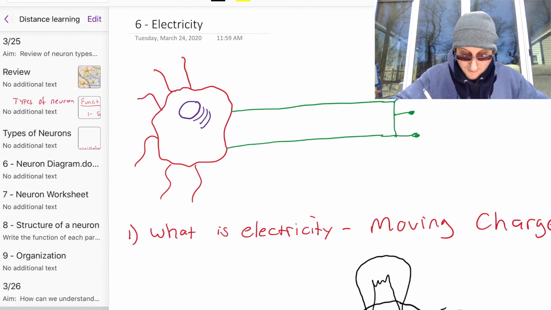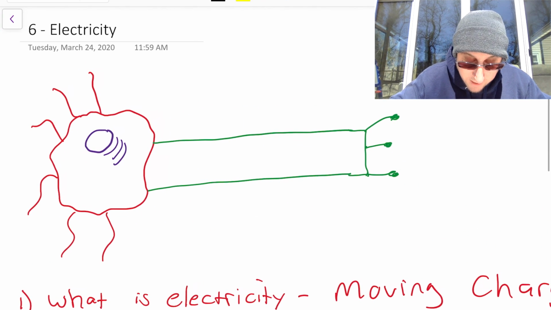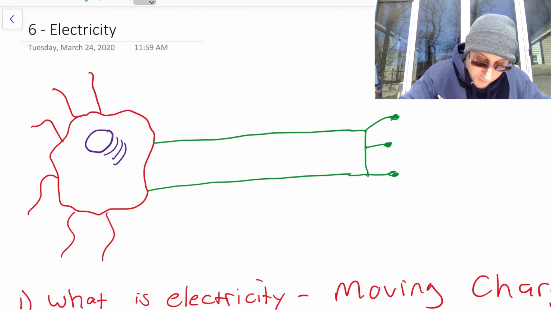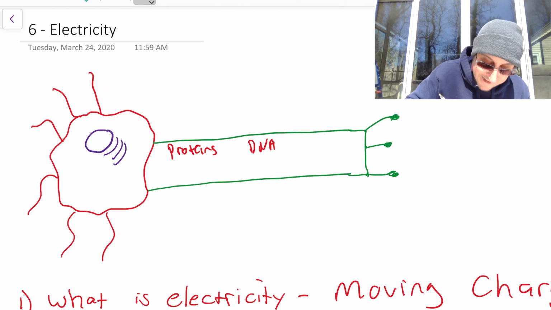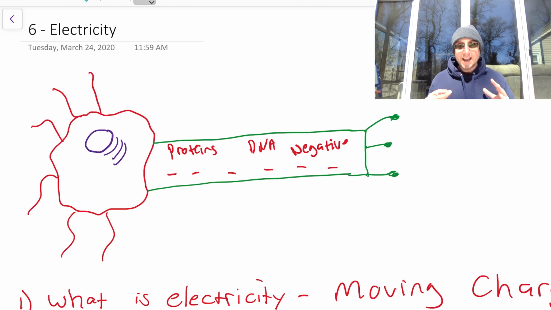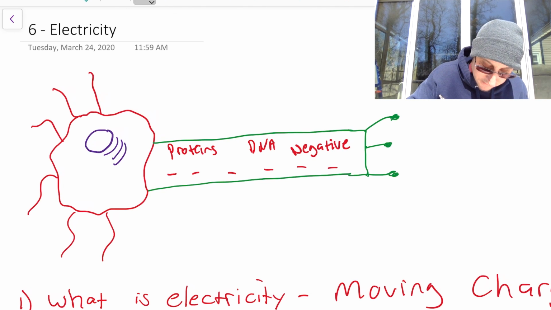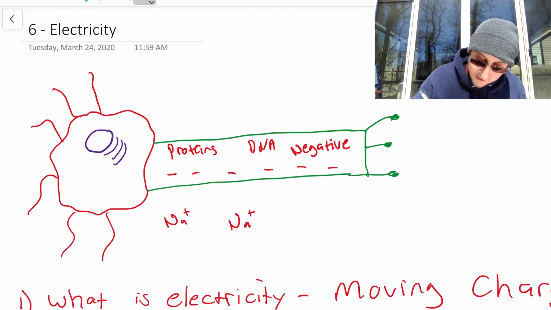So if we look at this neuron over here, we can say it has inside, it has proteins in there, right? It has DNA in there. And because of that, it is negatively charged. It is negative. And on the outside, we have like sodium and calcium and all sorts of stuff.